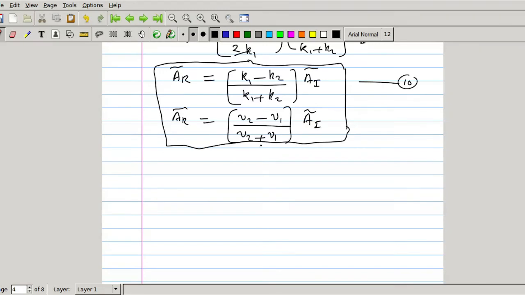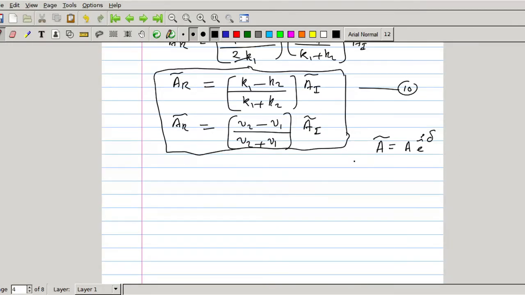The real amplitudes, we can write the real amplitude as, what is real amplitude? Complex amplitude A equal to real amplitude into e raised to i delta. Delta is initial phase. So for incident wave, we can write it as AI, where AI is real amplitude into e raised to i delta I, and the A transmitted is AT e raised to i delta T, and the A reflected is AR e raised to i delta R.